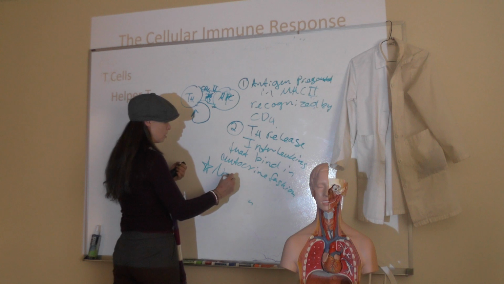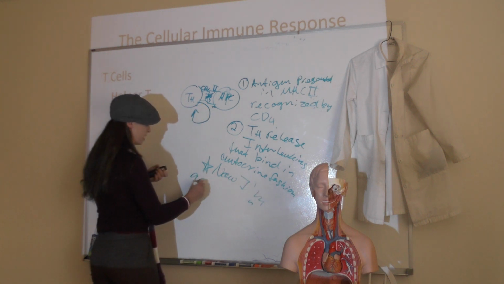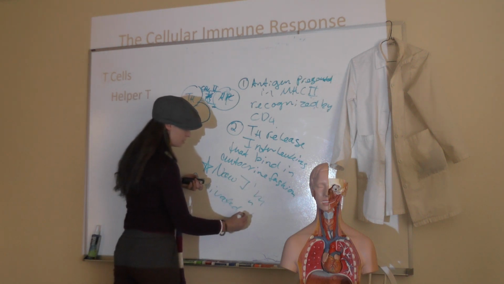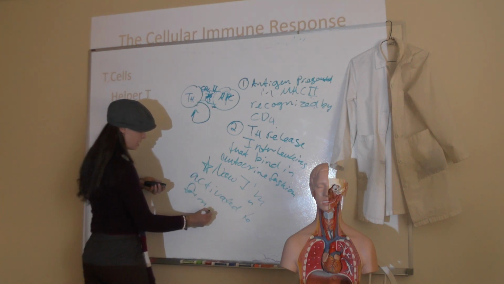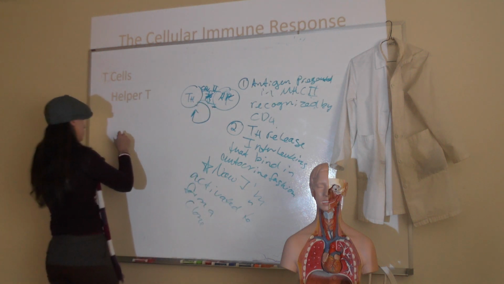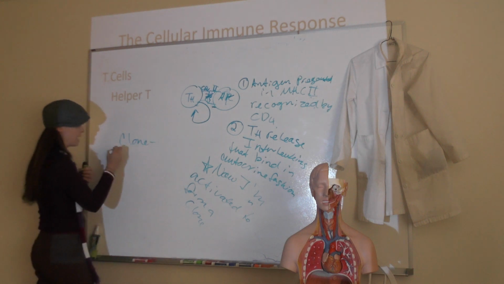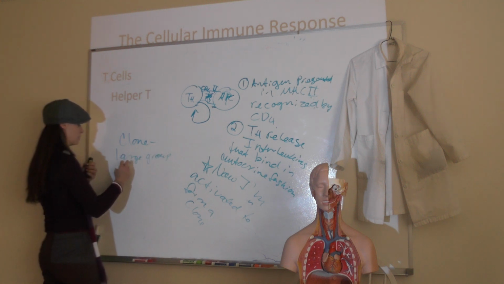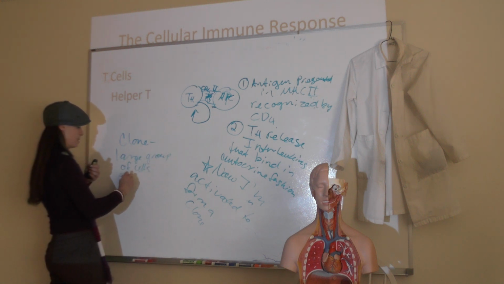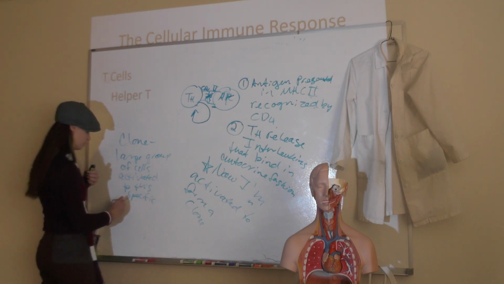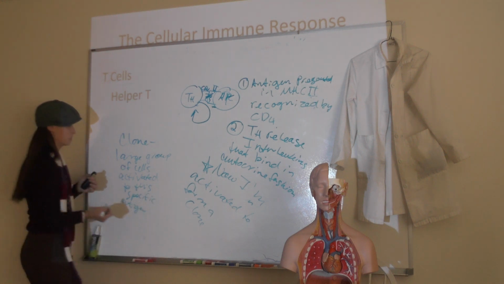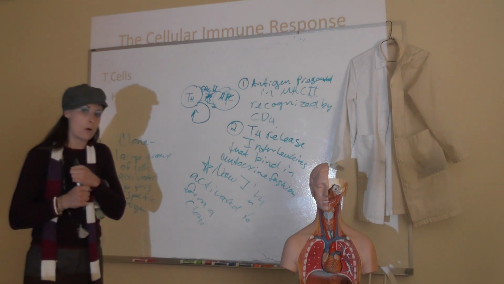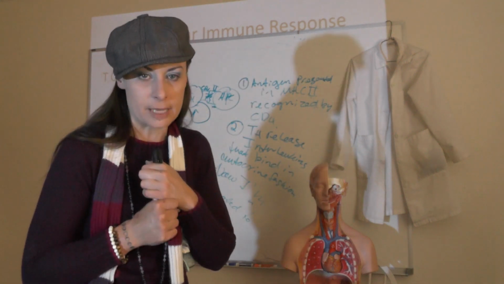So now I'm activated to form a clone. A clone of what? A clone is now a large group of cells activated to this specific antigen. Okay? So that's the fourth step of a T helper cell's life cycle.